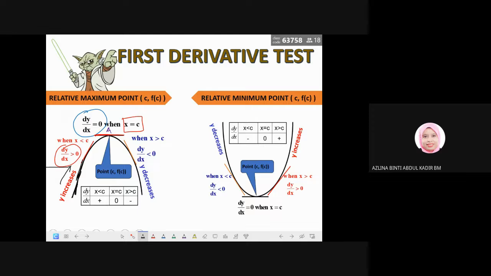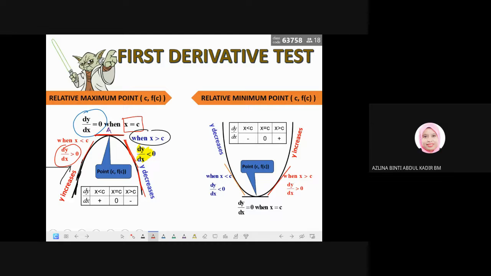After the value of x, that is c, c is at the top. So when x is greater than c, dy/dx is less than 0. That means a negative value, so y decreases. The gradient decreases, going downward. Here it goes downward, and here too.